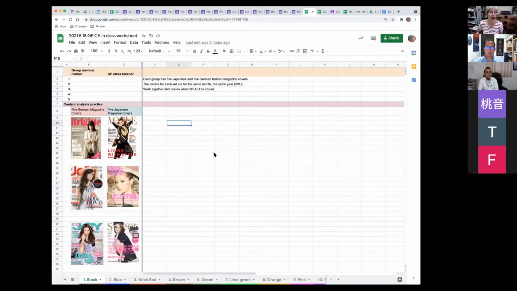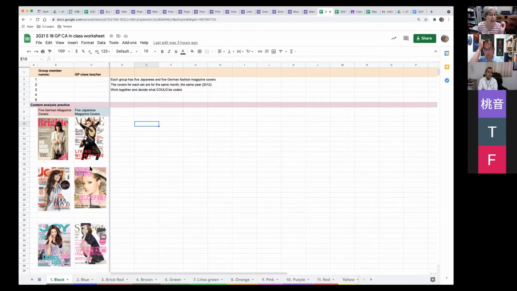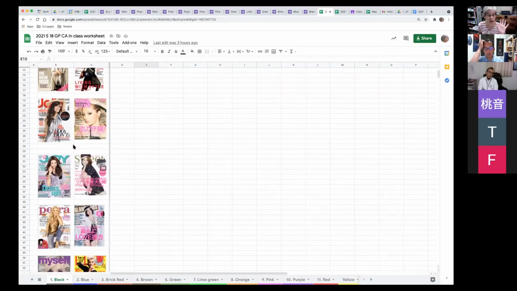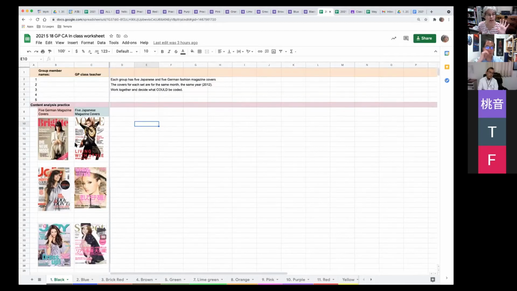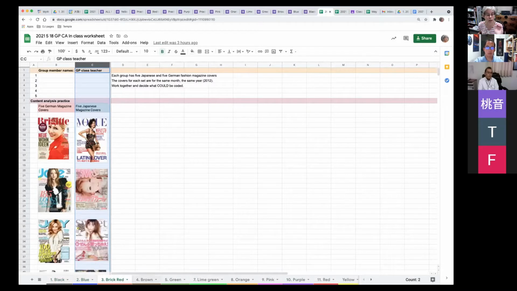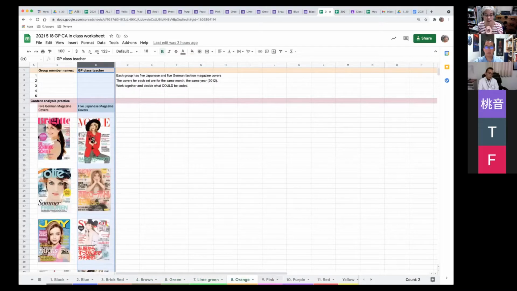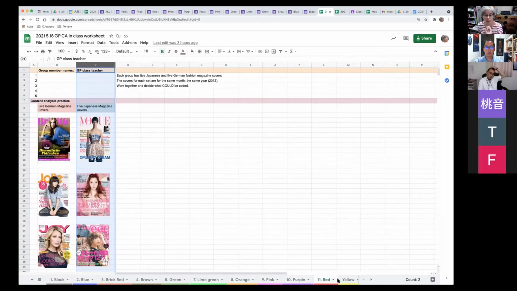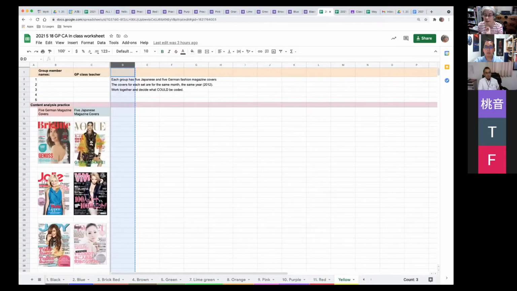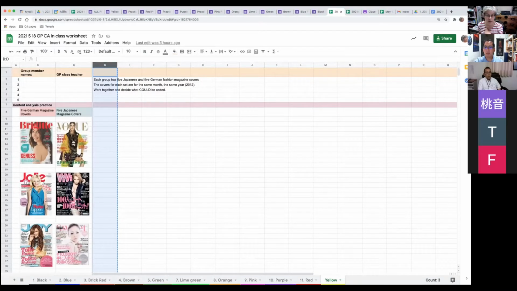Okay, so I have created a spreadsheet that I'm going to share with you in a minute that has all 10 issues of those Japanese and German magazines for January of 2012, February, March, April, May, June, July, August, September, October, November. Okay, did I miss one? December. This is December. Okay, all of them there. I just didn't number that one as December. So let's rename that one 12 because that's December.